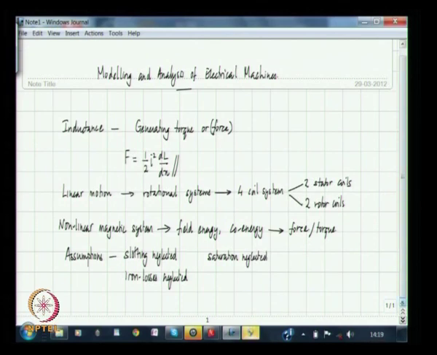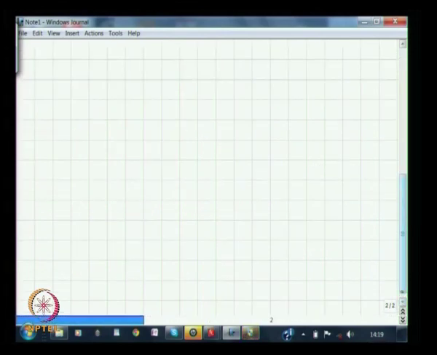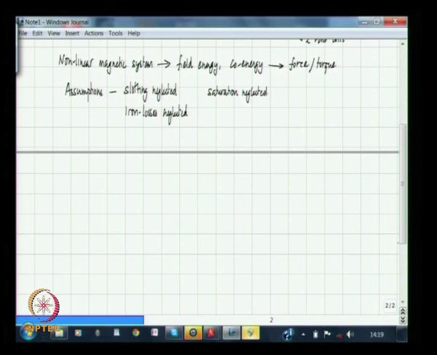With these assumptions then we tried to formulate machine equations.